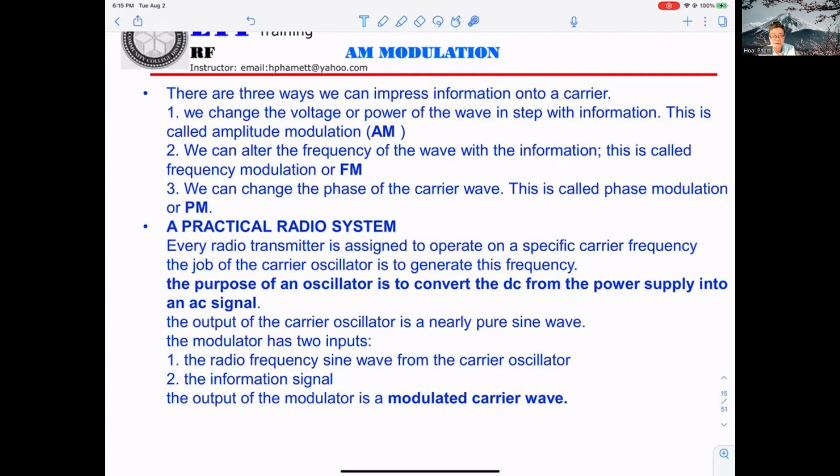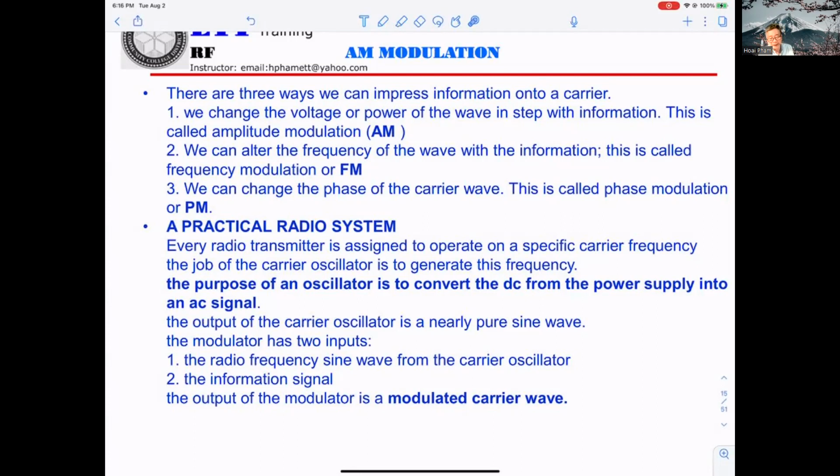Second thing, we're talking about the modulator. Now we concentrate on making sure you guys can follow it. The modulator has two inputs. One will be from the oscillator and another one from the information signal.